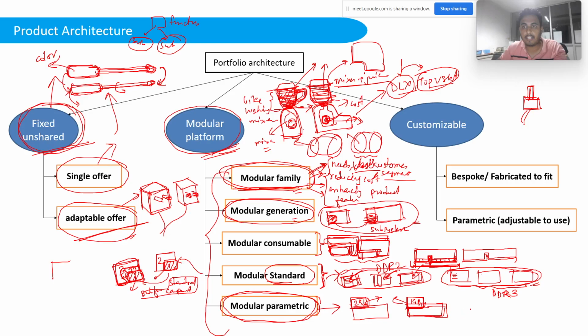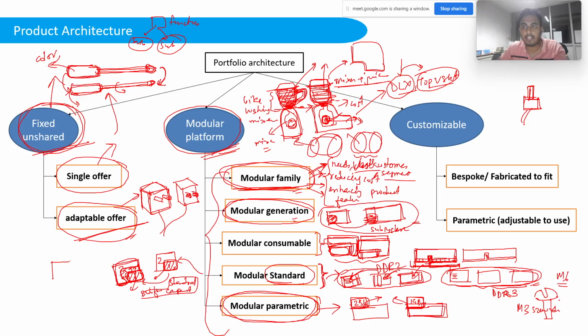If I give a second example, a screwdriver, there are fixed designs. You can say M3 screwdriver. Within M3 you cannot put M6.